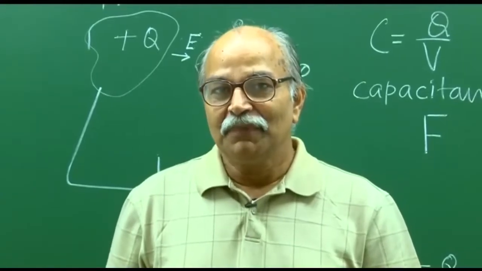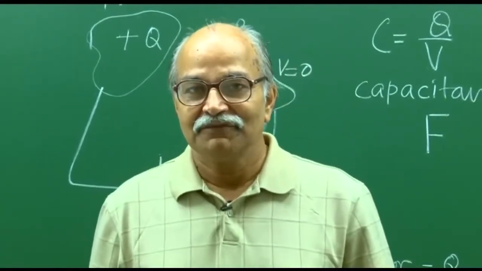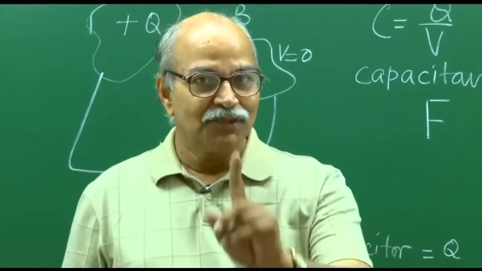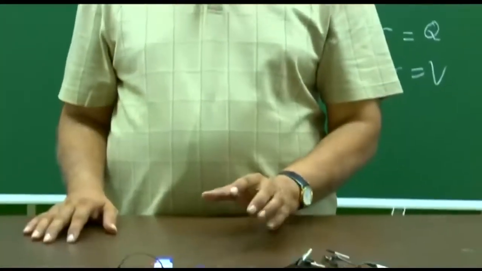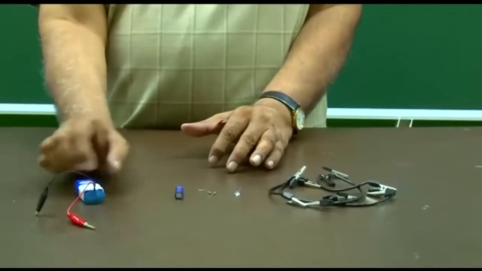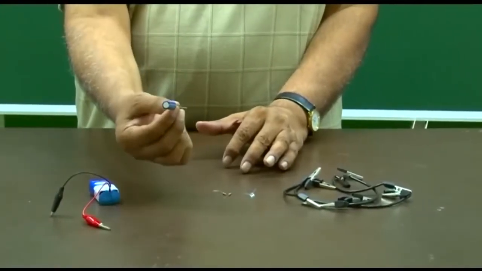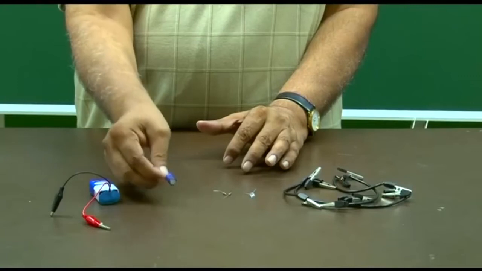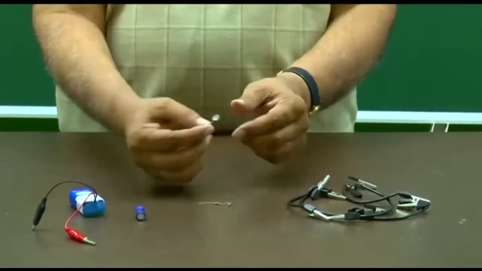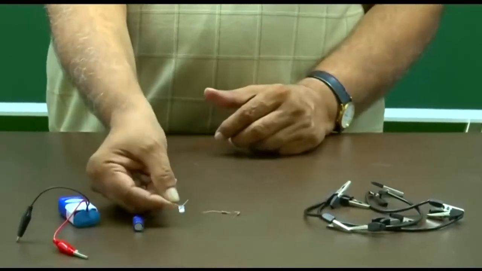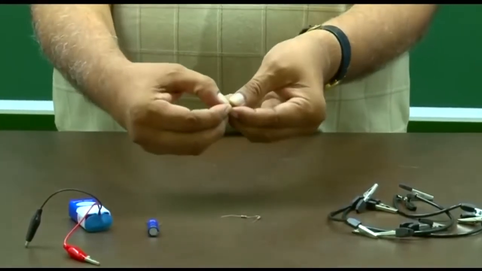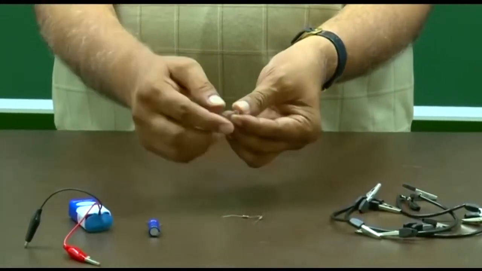There are many interesting experiments which can be done with a capacitor. I will be showing you one, and for that what I have is a 9-volt battery. This capacitor is that same 1000 microfarad capacitor. This is an LED, red color LED. There are two terminals, one is longer, one is shorter.